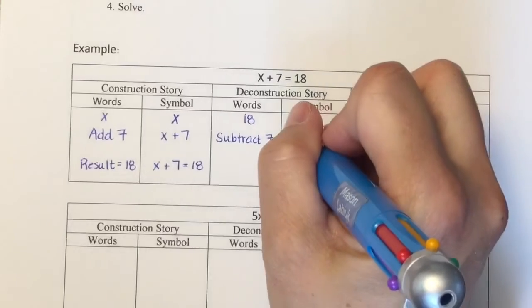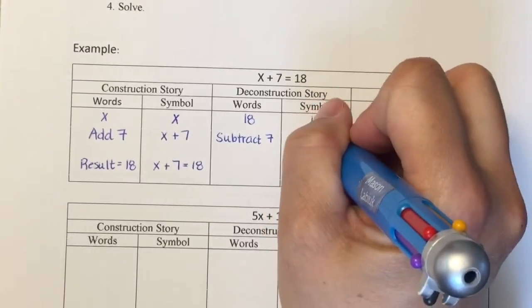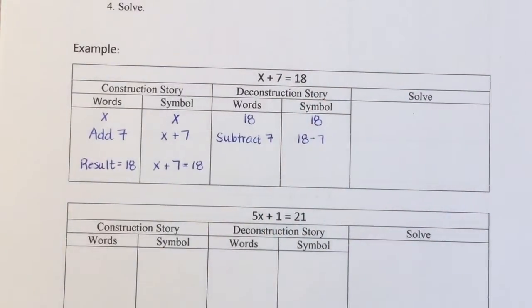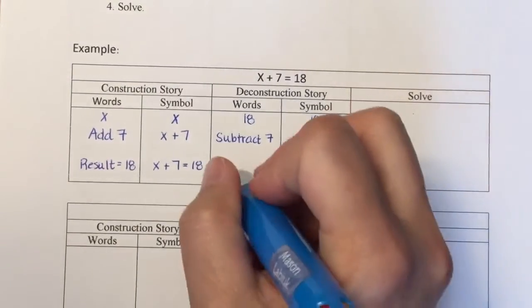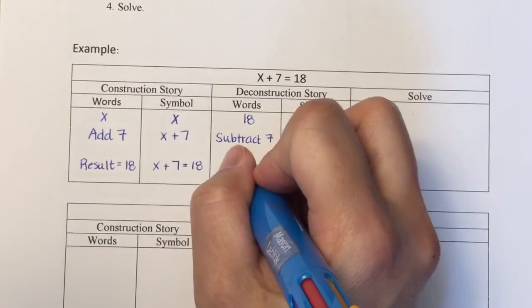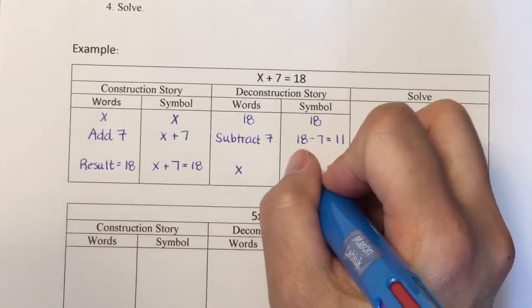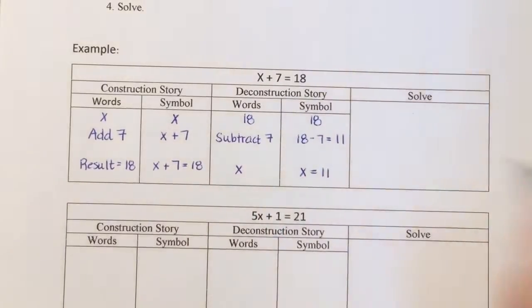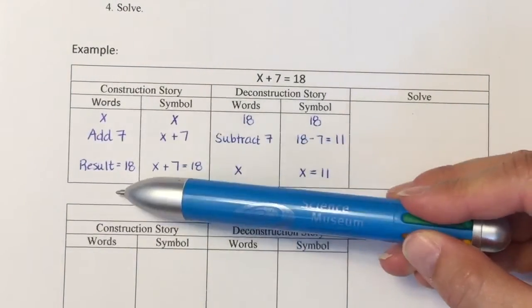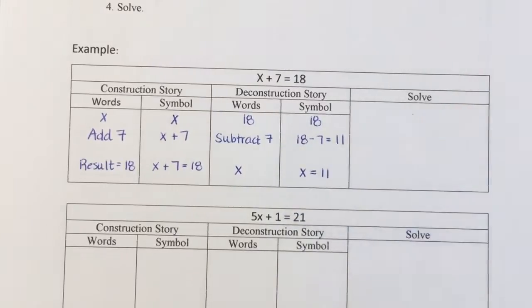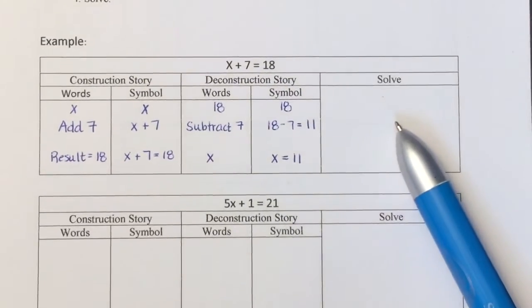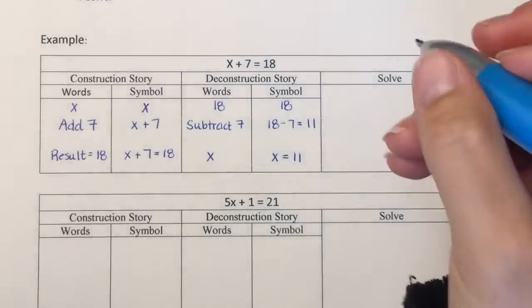So that would be 18 minus 7 equals 11. And then we have the value for x equals 11. So we built it up and then we did the opposite and tore it down.